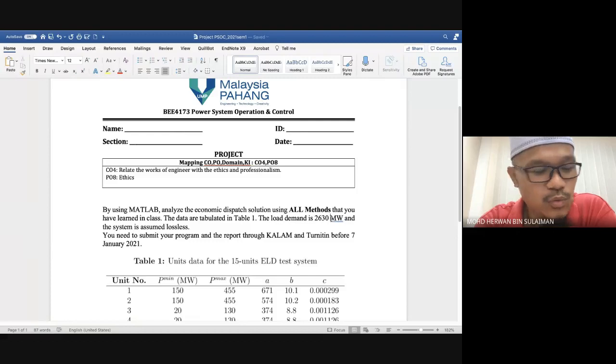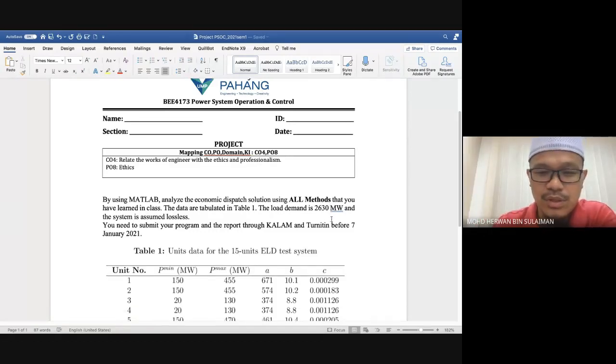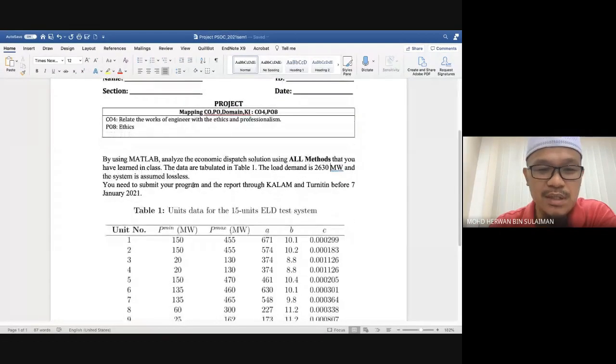Okay, and for those who want extra marks, you can use any optimization technique available online. So for those who are doing PSM, especially with me as well as Dr. Nurul Asma ataupun lecturer yang buat power system ni, this is a stepping stone for you to learn initially about MATLAB programming of optimization technique.